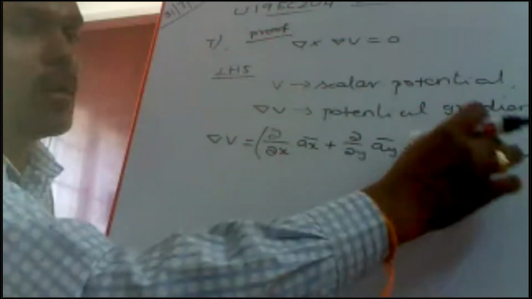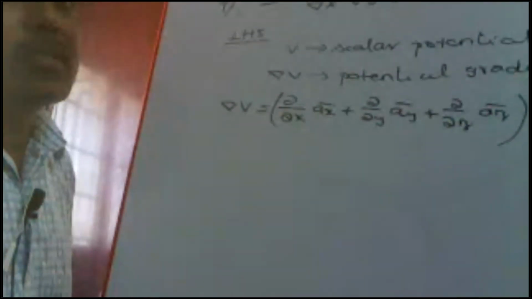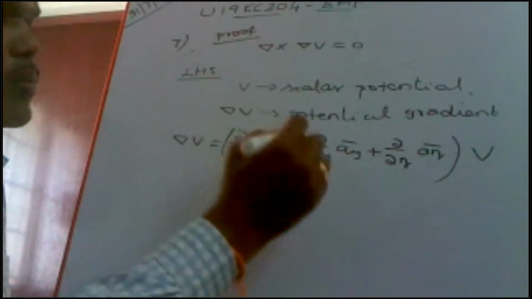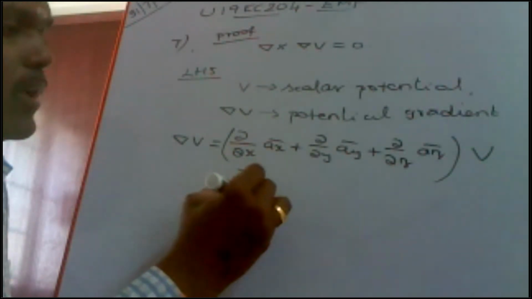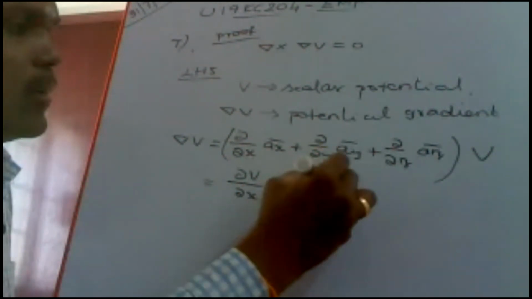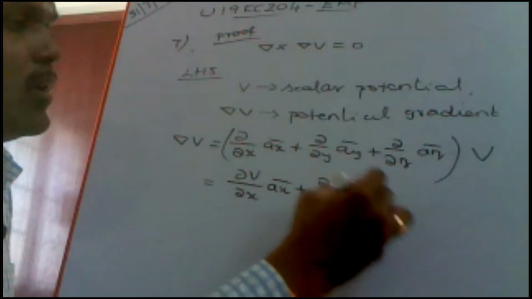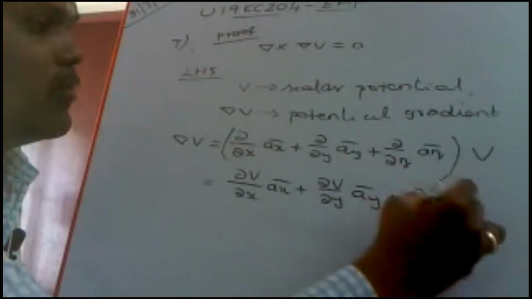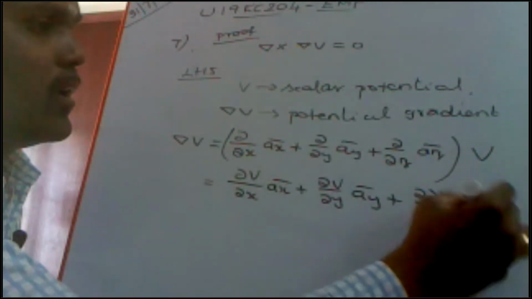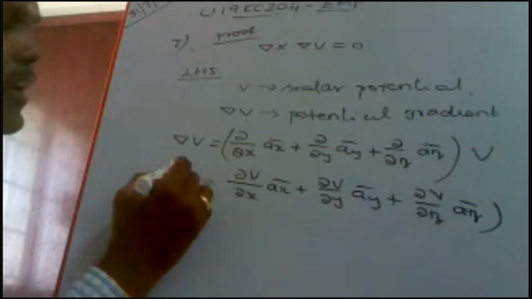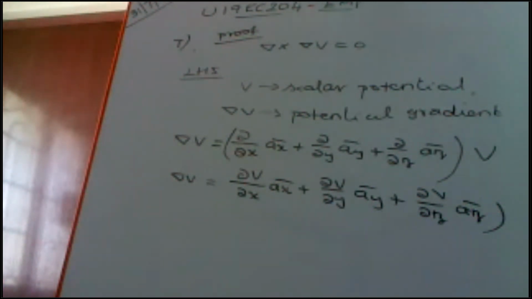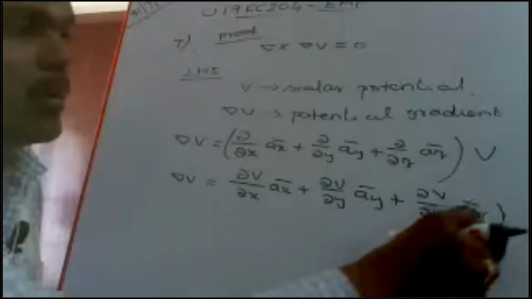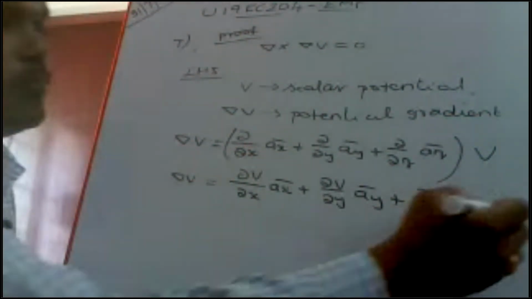There is no dot or cross available here, it is just V. So if I do the manipulation, it becomes dou V by dou x ax vector plus dou V by dou y ay vector plus dou V by dou z az vector. So this will be the value for del V. Is it okay?